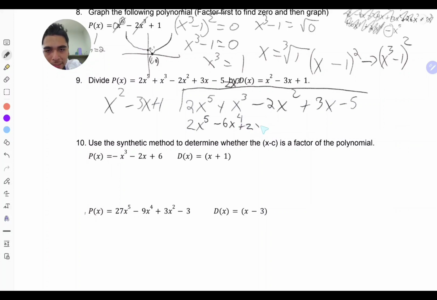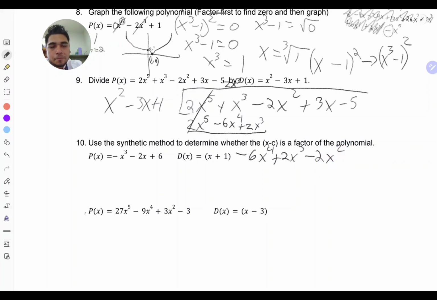So plus 2x cubed. Subtract. This goes away. You're left with the result of, I'm gonna write it down here. Okay, so negative 6x to the 4th plus 2x cubed minus 2x squared.